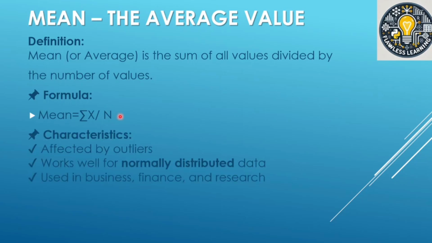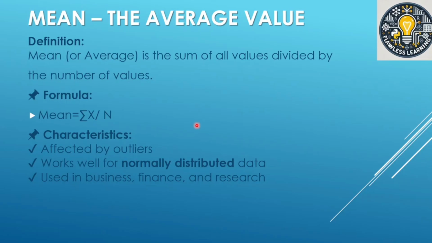Now, what is the characteristic of mean? It is affected by outliers. If there is an outlier in a data set, the mean is affected by it. Let's break it down. Suppose there is a data set of 10, 20, 30.